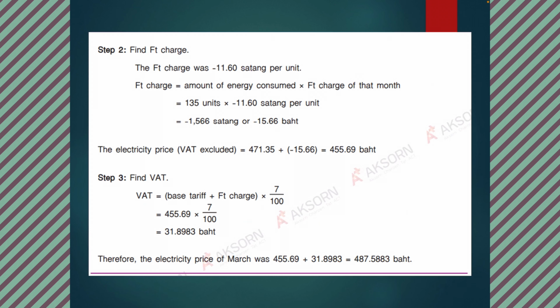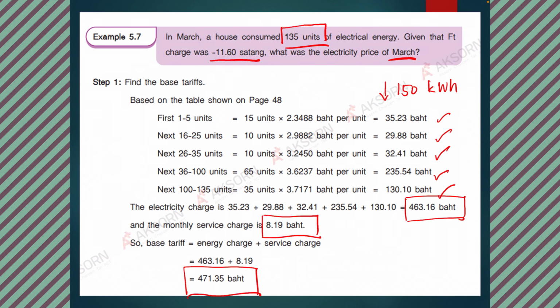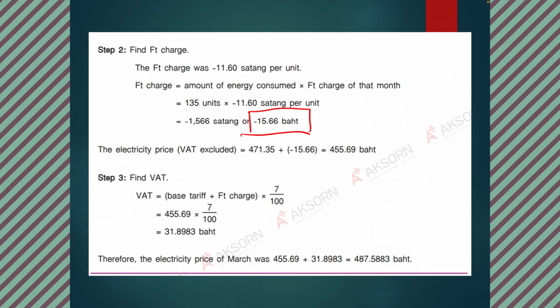It will give you minus 1,566 satang or 15.66 baht, minus 15.66 baht. Okay, so the electricity price for the variable tariff here, going back, it's 471.35 minus this one, so it will give you 455.69. That's still step 2.